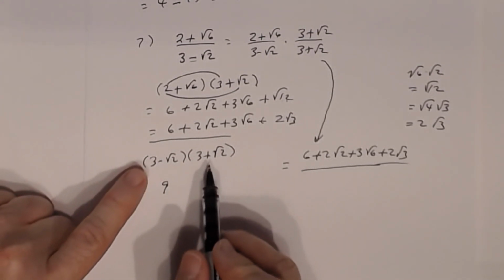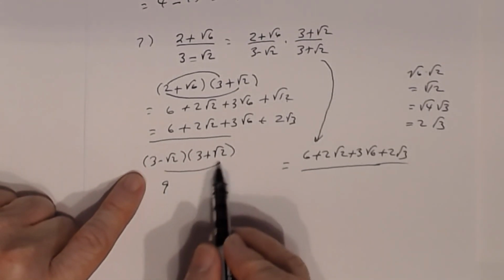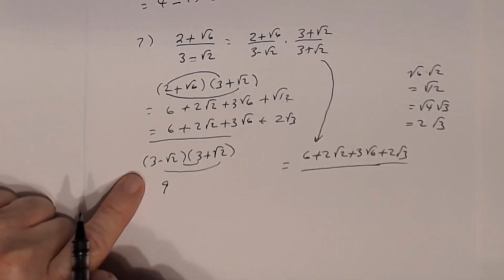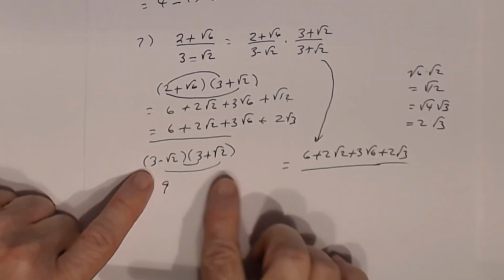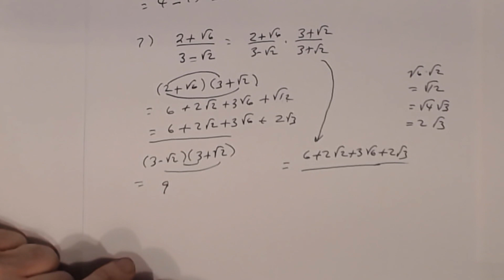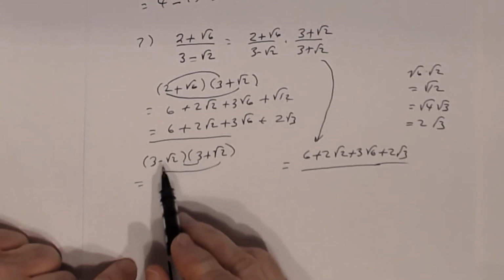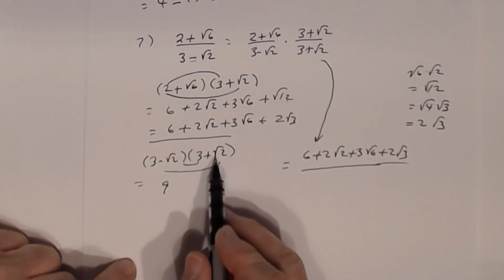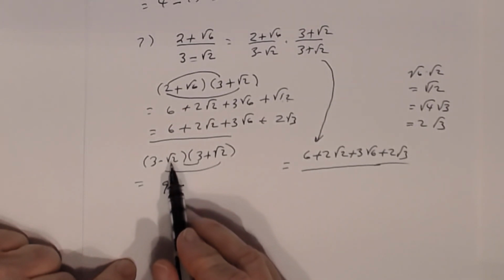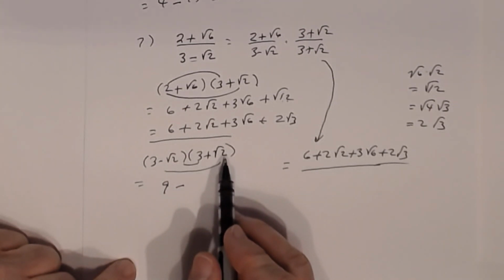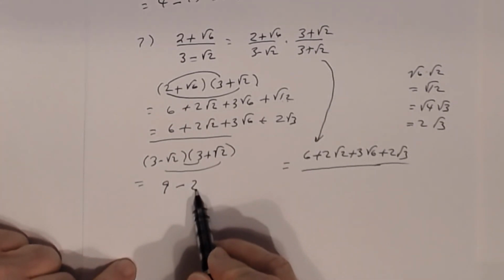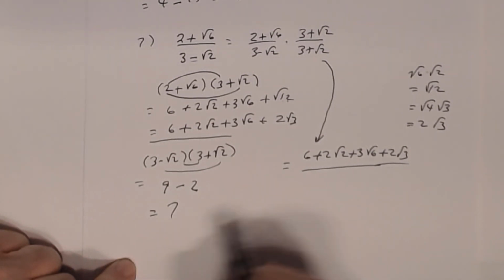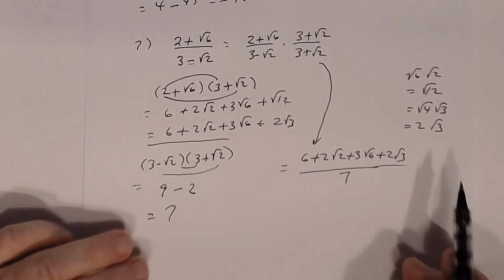Now remember, these are conjugates, so the outer and the inner are going to cancel out. So really all you're looking at is the first and the last. And so if you look at the last now, a negative times a positive is a negative. Square root of 2 times the square root of 2 is the square root of 4, which is 2. So this becomes 7. And so this is 7 down here, and that's all you can do. You're done.